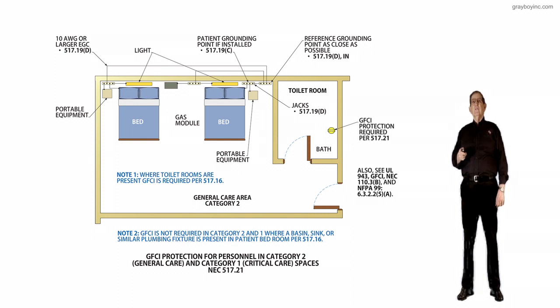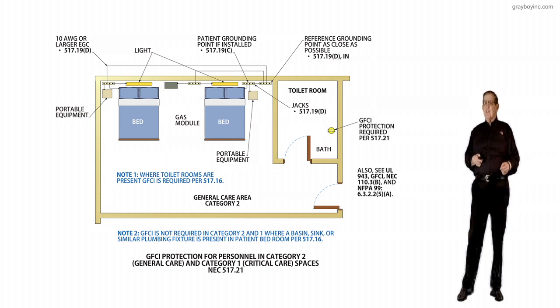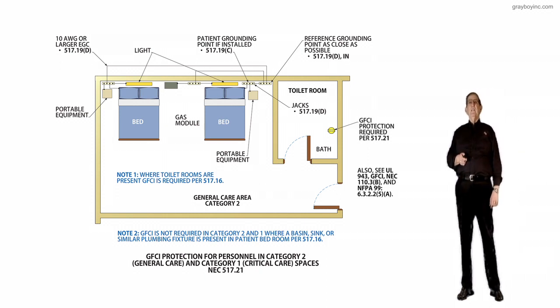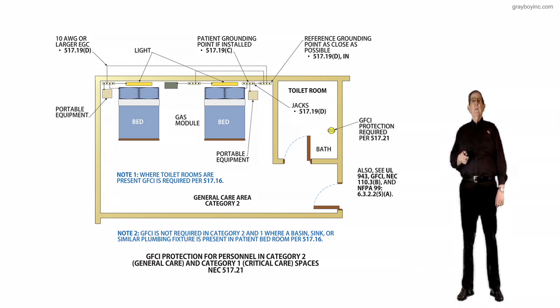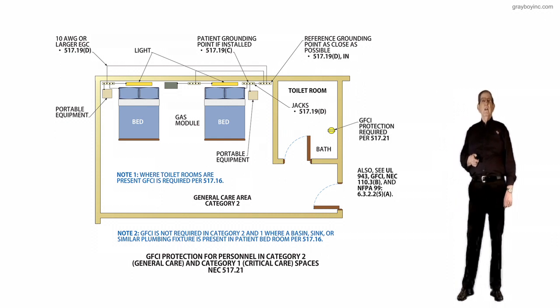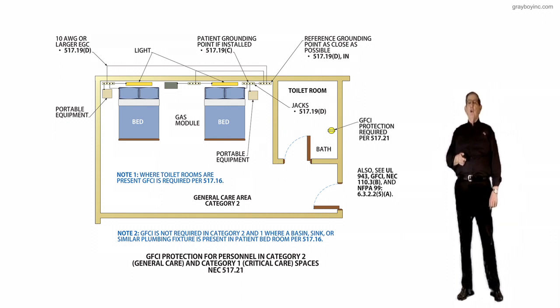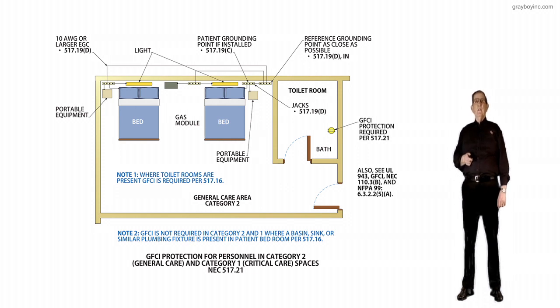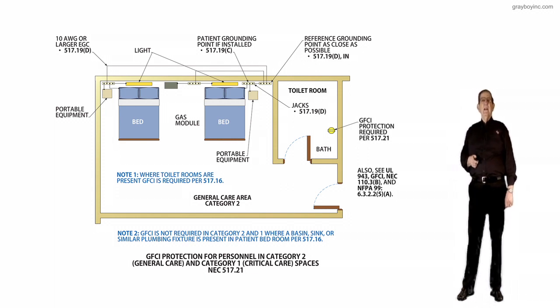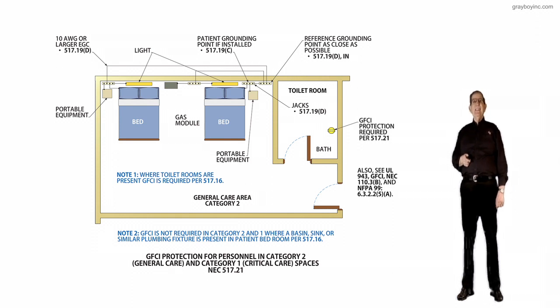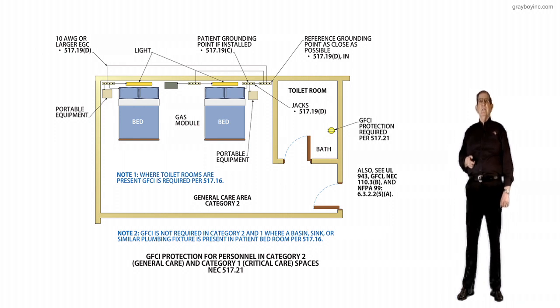And then right next to the reference grounding point, you pick up the grounding point if installed by 517.19C as in car. And directly from that, you see the bonding type jumper or equipment grounding conductor there. That's a number 10 AWG or larger equipment grounding conductor. Again, that's outlined in 517.19D as in dog.